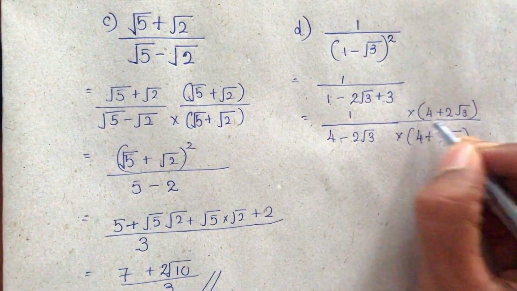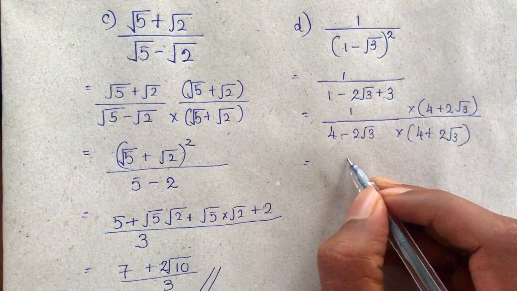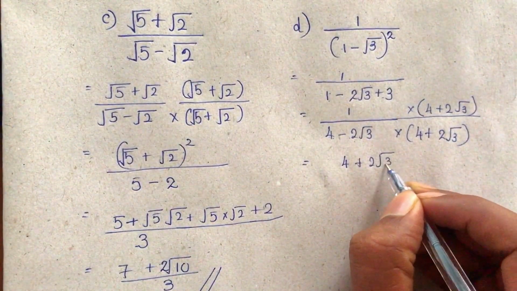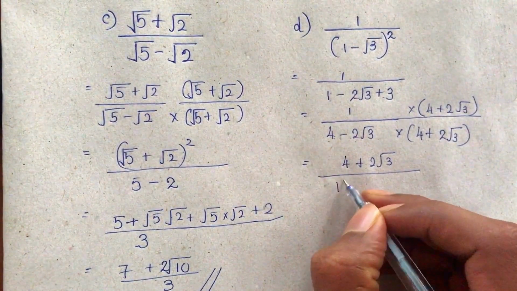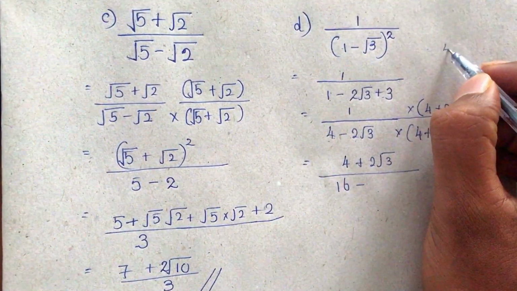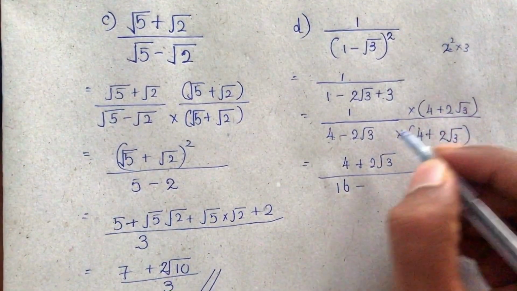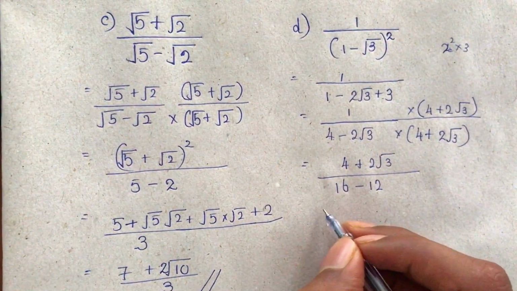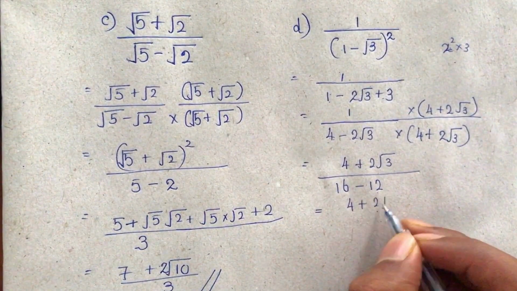For the denominator, simplifying these minus and plus expressions, it is 16 minus 2 times 2 times square root 3 times square root 3. When you simplify it, you get 4 times 3, which is 12. Then 4 plus 2 square root 3 over 16 minus 12, which is 4.